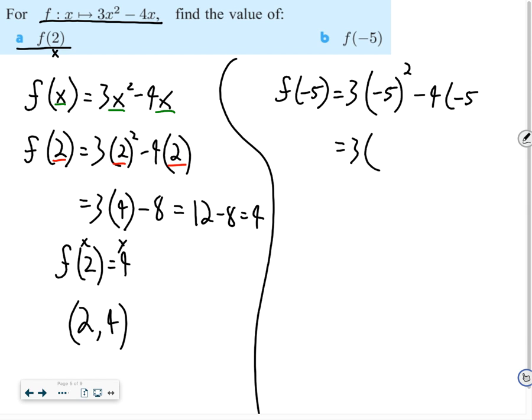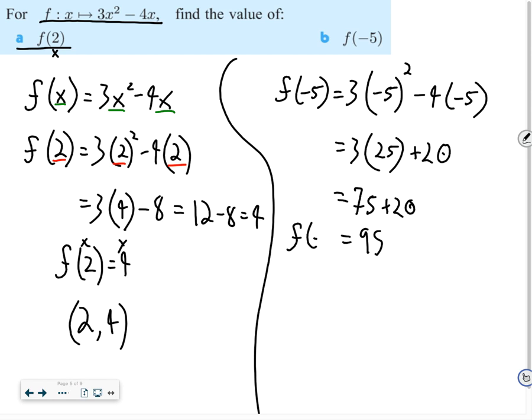Negative 5 squared is 25. It's positive. Negative 4 times negative 5 is going to be plus 20. Okay. 3 times 25 is 75 plus 20. And I get 95. So f of negative 5 is equal to 95. Again, I could write it as an ordered pair, (negative 5, 95).